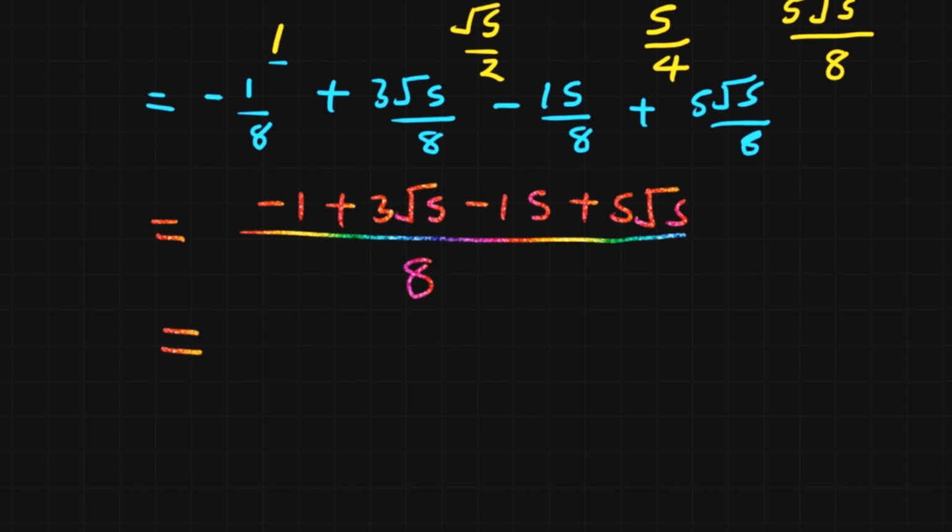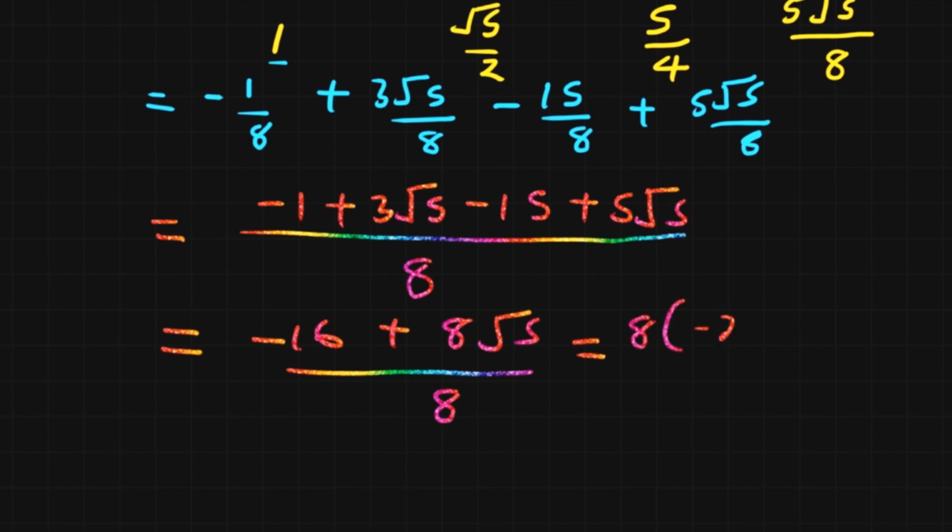So if we collect the like terms, we have minus 1 minus 15, that is minus 16, plus 3 root 5 plus 5 root 5, that is 8 root 5, and all of these is over 8. So as you can see, 8 is common in the numerator, so you can have 8 into minus 2 plus root 5, and that is over 8.